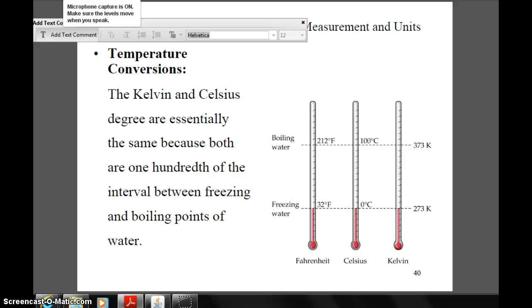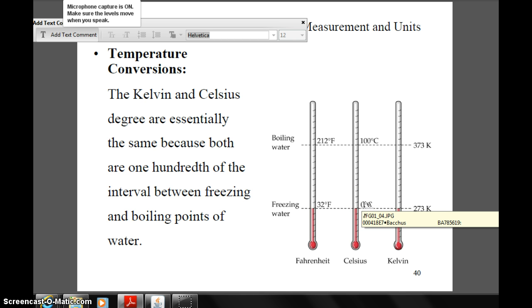In terms of the Celsius scale, that number happens to be 0 degrees Celsius corresponding to the 32, and 100 degrees Celsius corresponding to the 212. So if you realize 212 minus 32, that's 180 Fahrenheit. That is equivalent to 100 minus 0, which is 100 units.